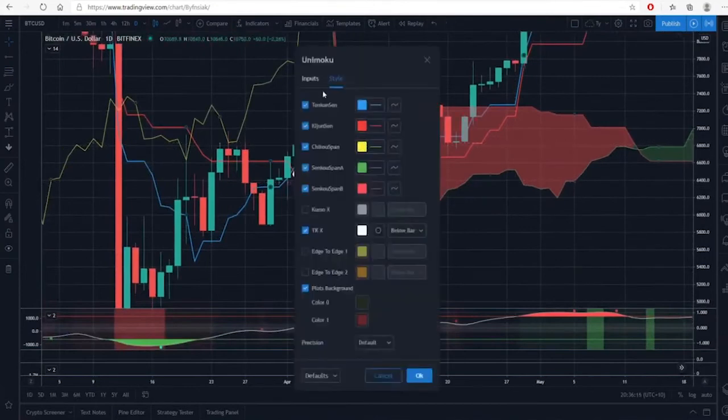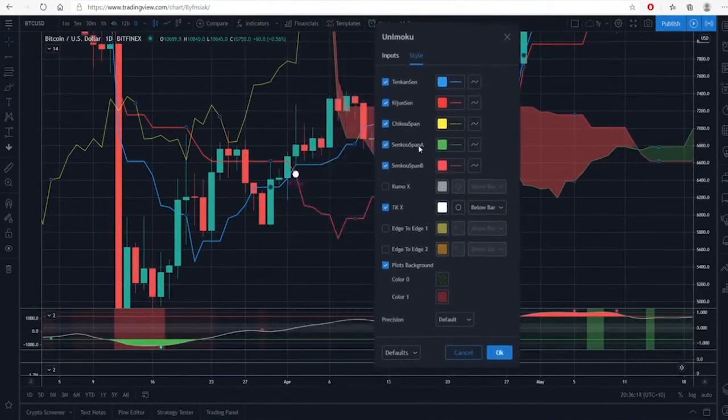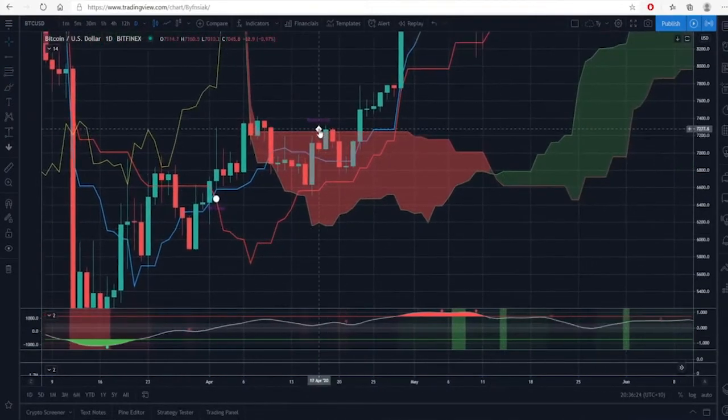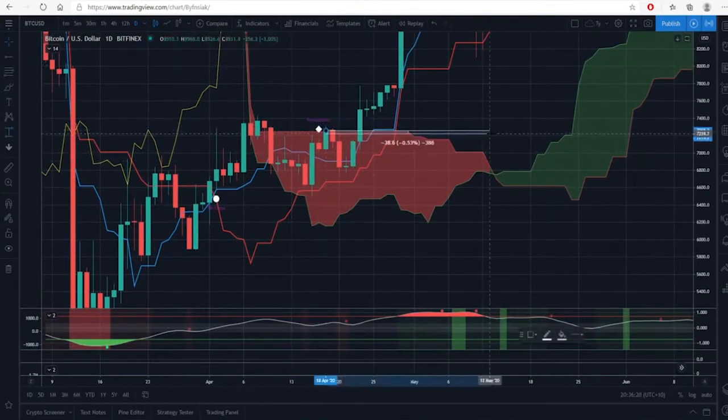And just to show you very quickly, Kumo twists are indicated also on this indicator here. So that usually comes, I think it's about 5 or 6 days out when we get a signal. No, that can't be right.